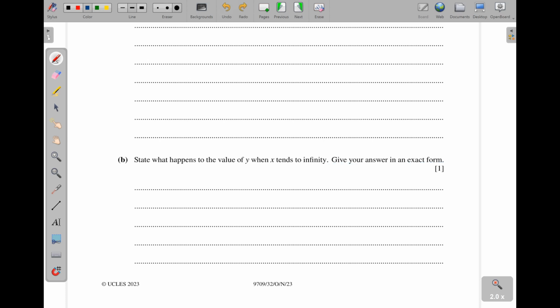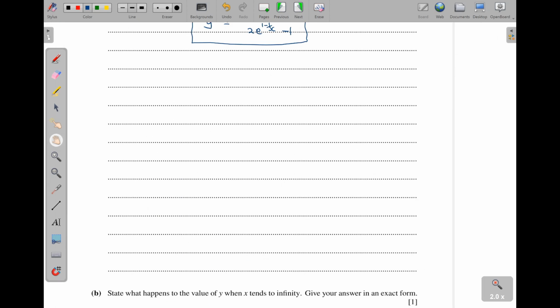Now, as x tends to infinity, let me just write this as x approaches infinity, as it becomes a very big value. We know that 1 over 0 is undefined, okay? That means when we cross multiply, 1 over infinity is going to be 0, okay?